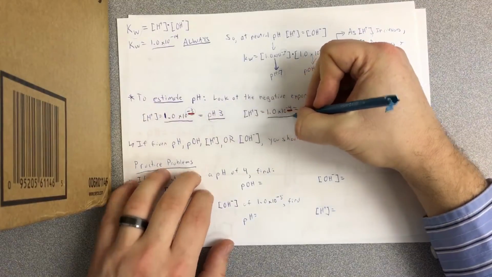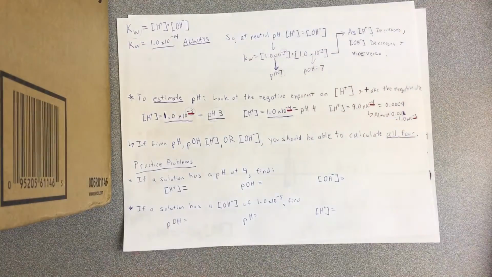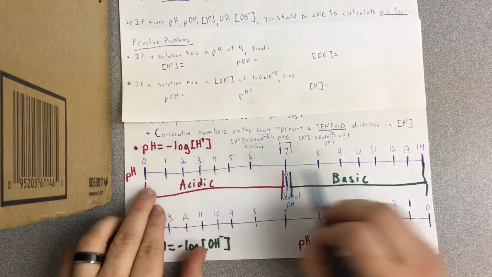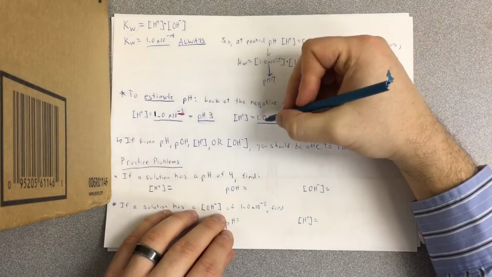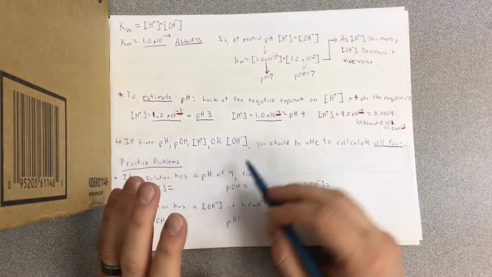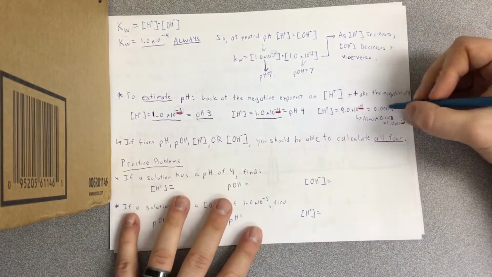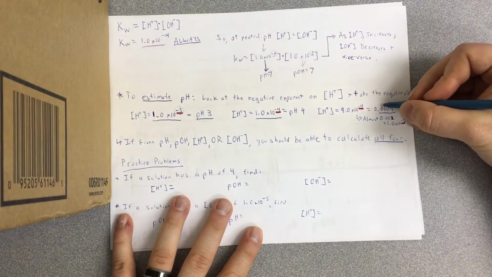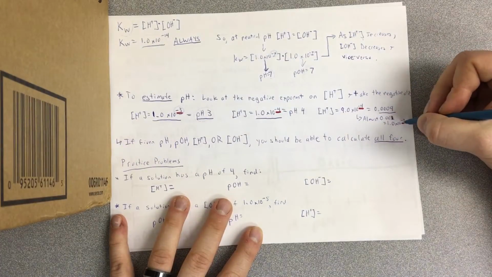If you have a concentration of H+ of 10 to the negative 4, that would correspond to a pH of exactly 4. So you can see how this correlates with the overall pH scale. And again, if it's not exactly 10 to the negative 4 or 10 to the negative 3, if it's somewhere in between, for example 9 times 10 to the negative 4, that would be 0.0009, which is almost 0.001, which would be 10 to the negative 3.